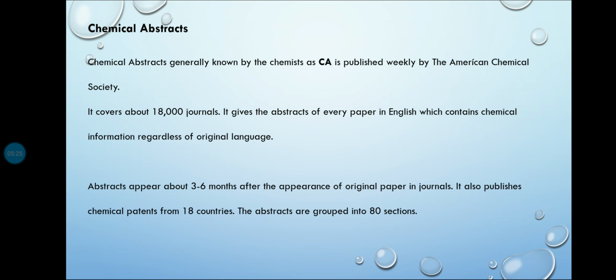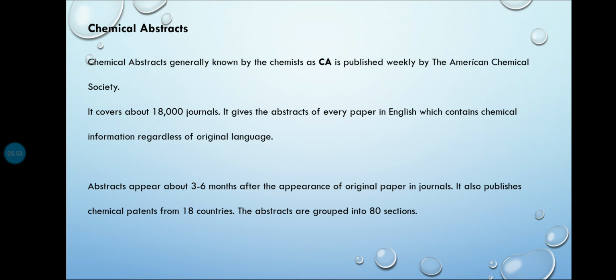It gives the abstracts of every paper in English which contains chemical information regardless of original language. Abstracts appear about 3 to 6 months after the appearance of the original paper in journals. It also publishes chemical patents from 18 countries.